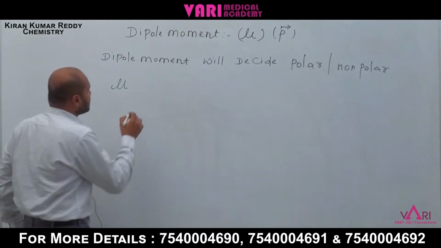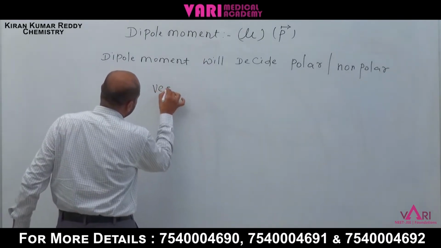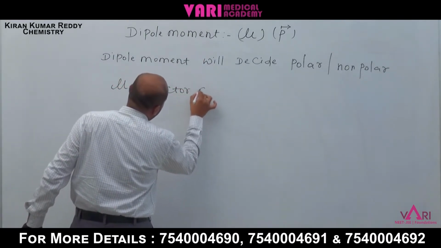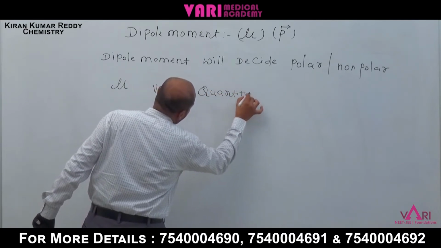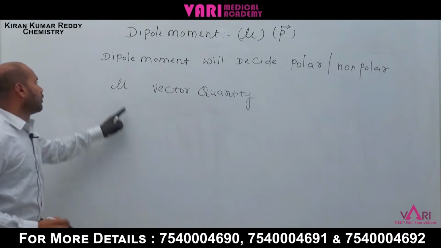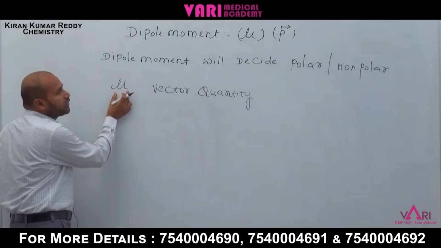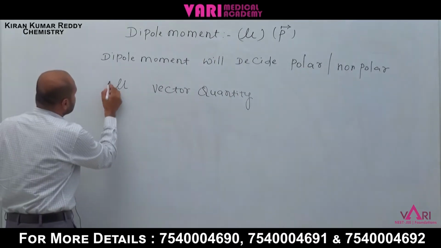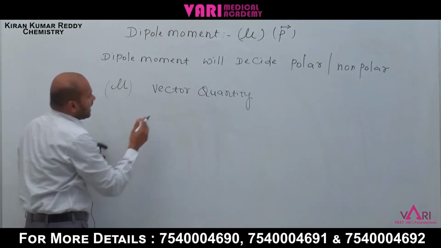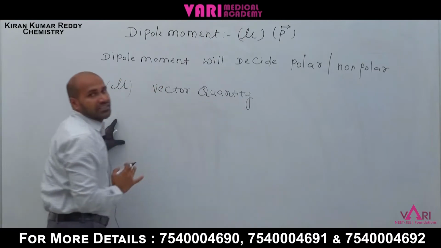Now, the dipole moment is a vector quantity. Dipole moment is denoted as mu, or P in some books, and it is a vector quantity.